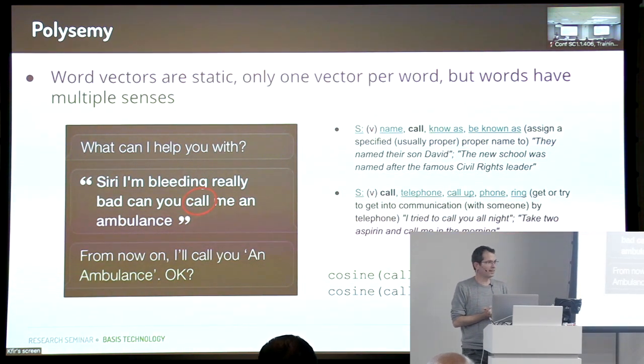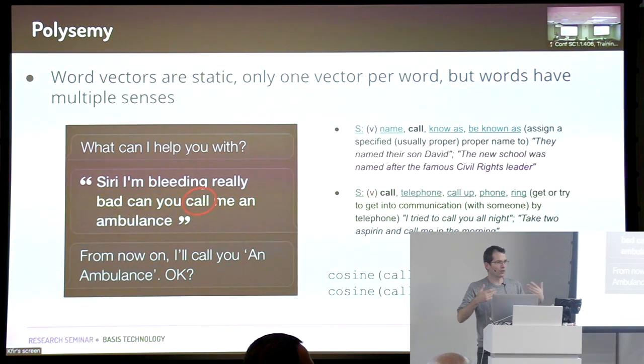Now, we said that we represent words with static vectors, just one vector per word. But a word might have more than one meaning. So how can we take that into consideration? Because when we insert the sentence into a NER model, we have the context.